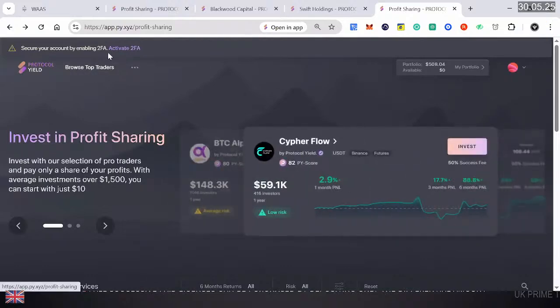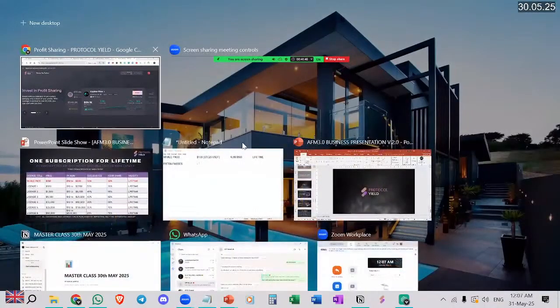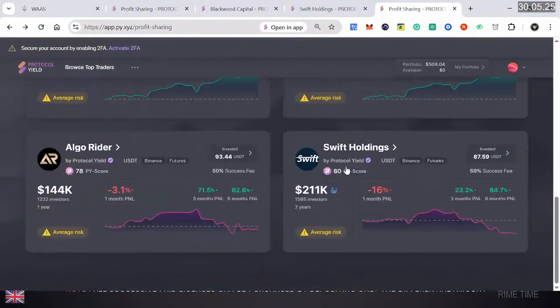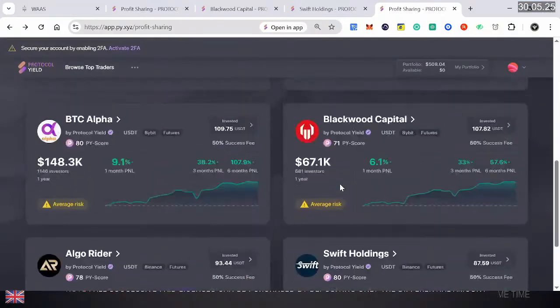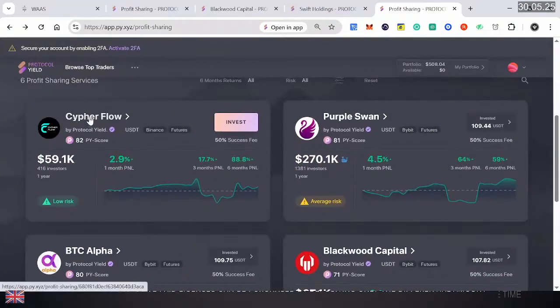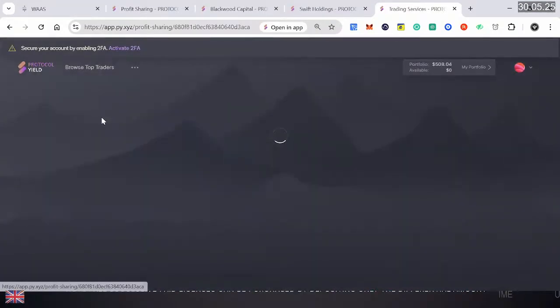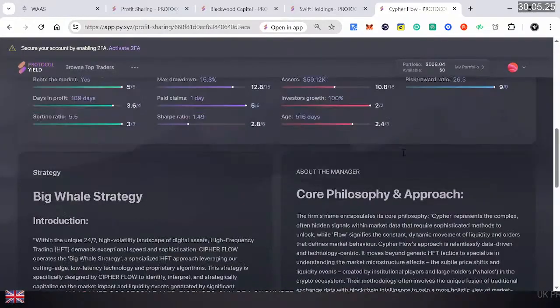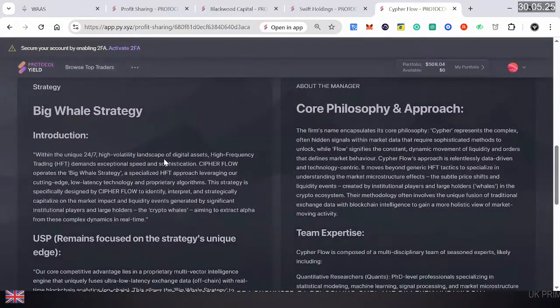So we have this Pi dashboard, back office, and when you go through the traders, we have so far 6 traders who have onboarded. Each trader has their own strategy, their unique way of doing trading.